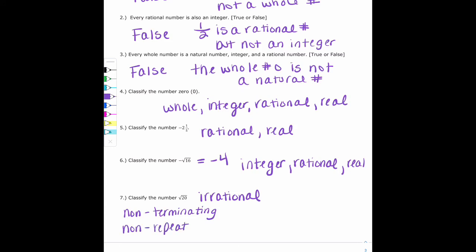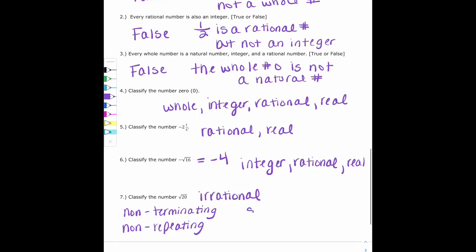That's important because if we have a repeating decimal, it's not irrational anymore, it's rational. So you can use that explanation, or you can talk about the fact that it is the square root of a non-perfect square. And that concludes your lesson on classifying real numbers.